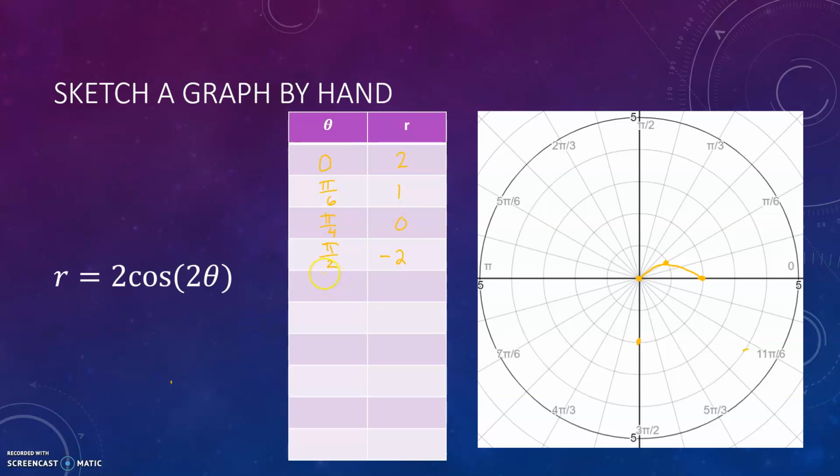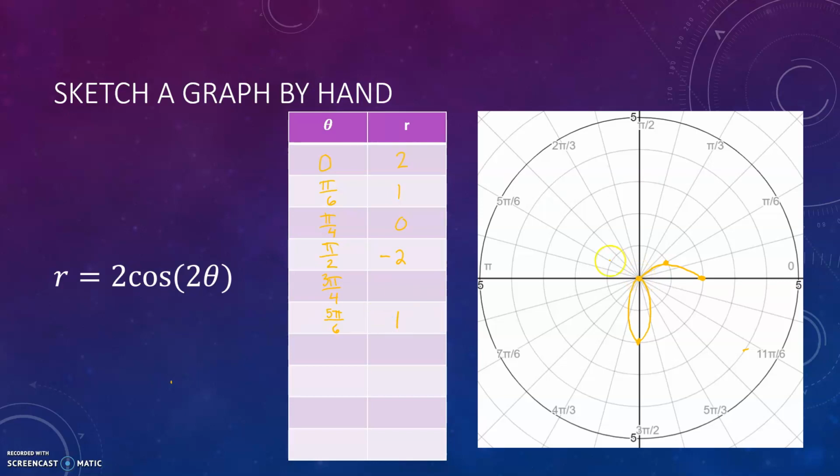And then I'm going to do 3 pi over 4. So that would be 0 again. And then I might be able to figure out what's going on, but maybe not yet. So then I would do 5 pi over 6. Cosine of 5 pi over 3 would be positive a half, so we'd be at 1.